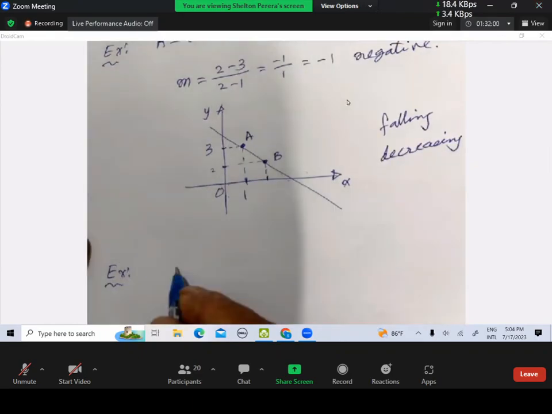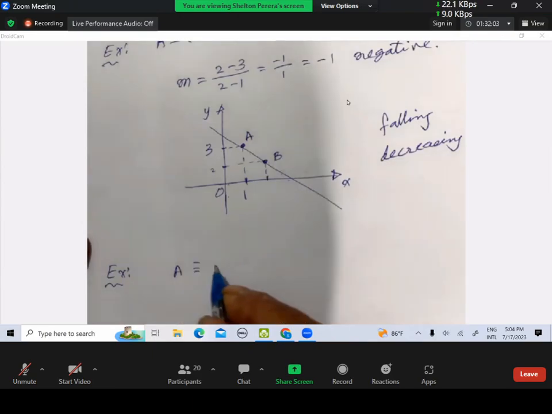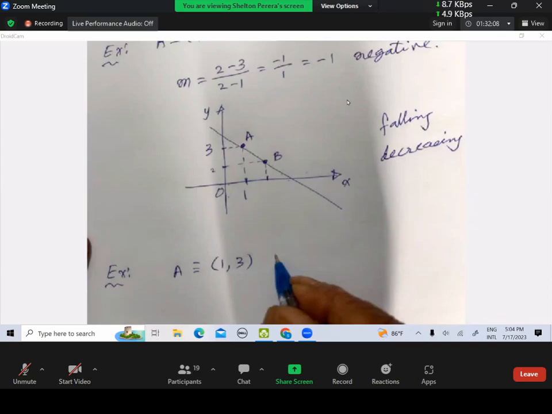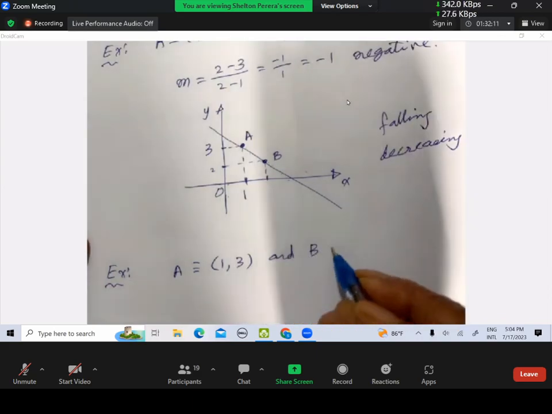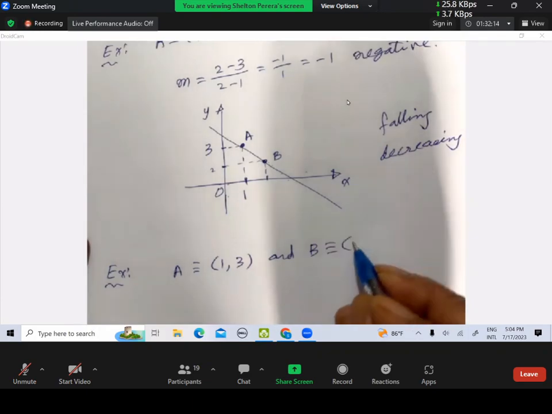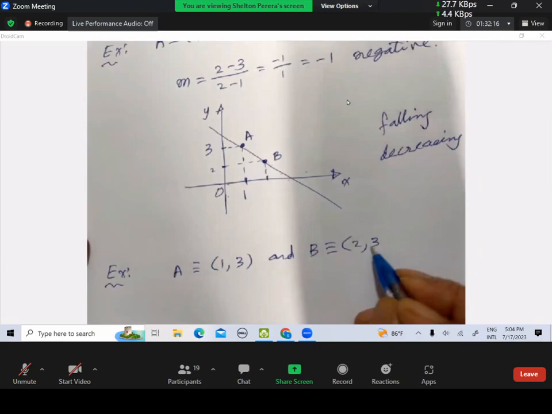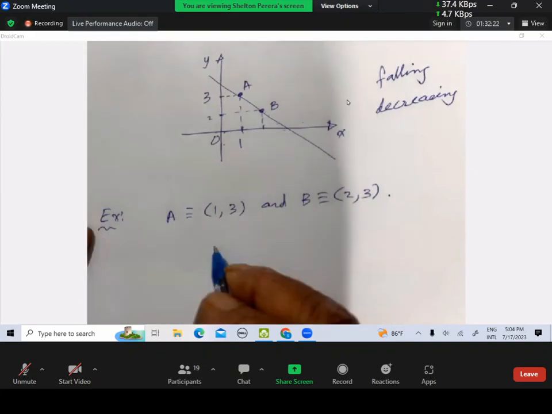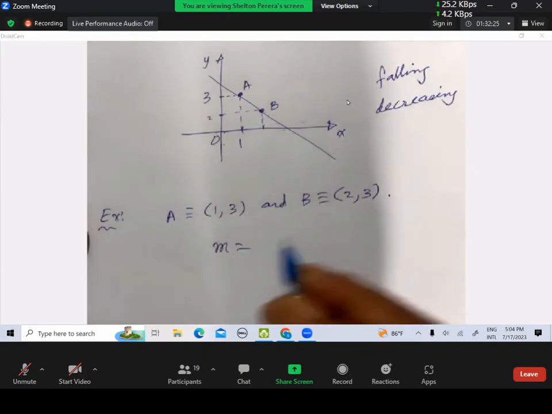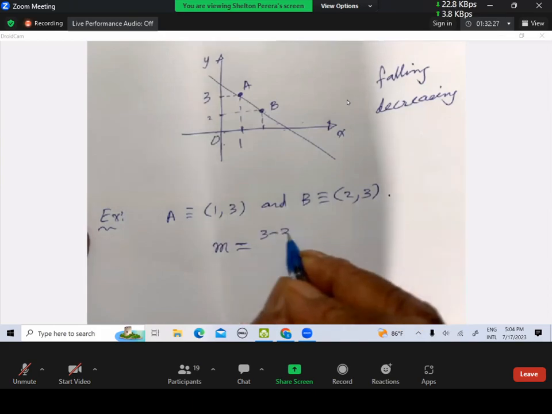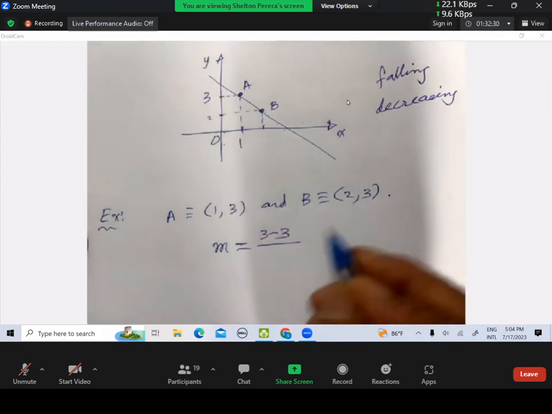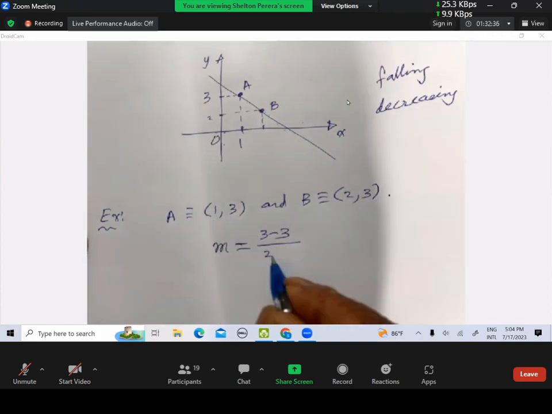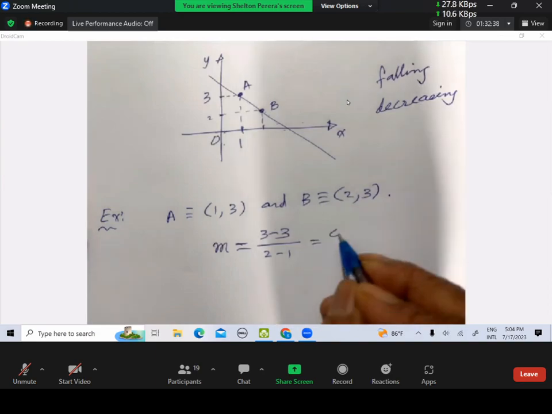A is equal to say (1, 3) and B is equal to (2, 3). Find M. M is equal to difference of y coordinates, 3 minus 3, divided by 2 minus 1. 3 minus 3 is 0 over 1, which is equal to 0. M is equal to 0. Draw the line. You will see something interesting.